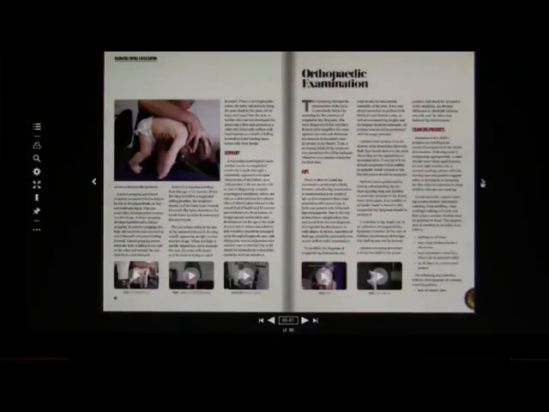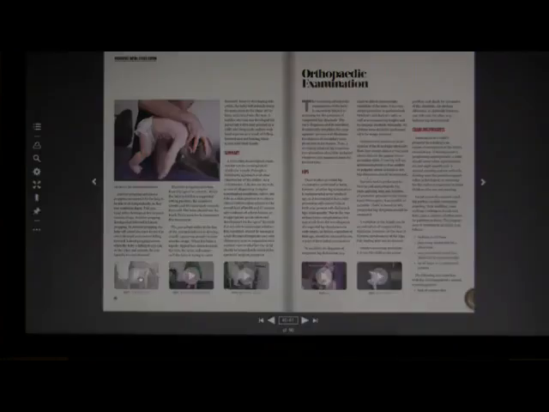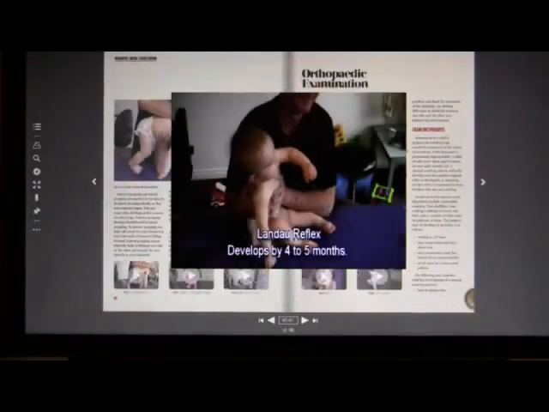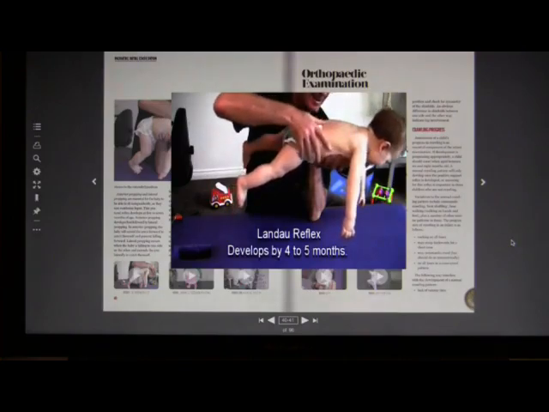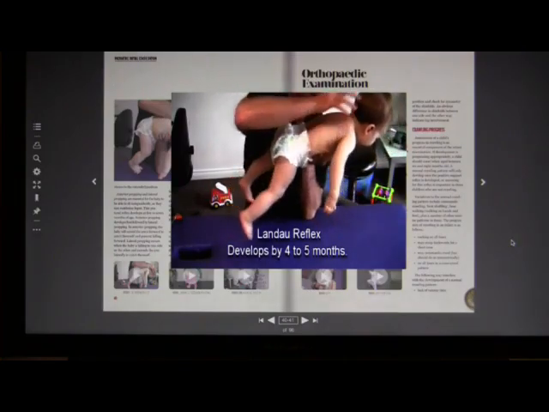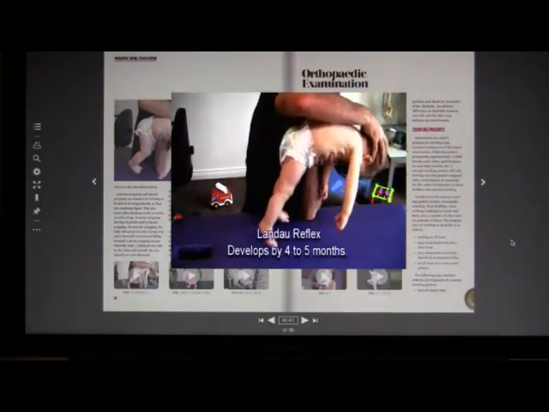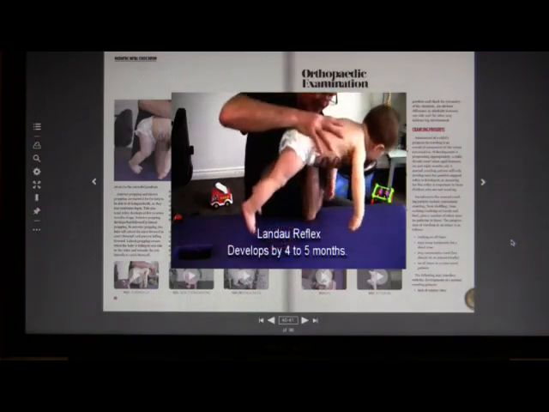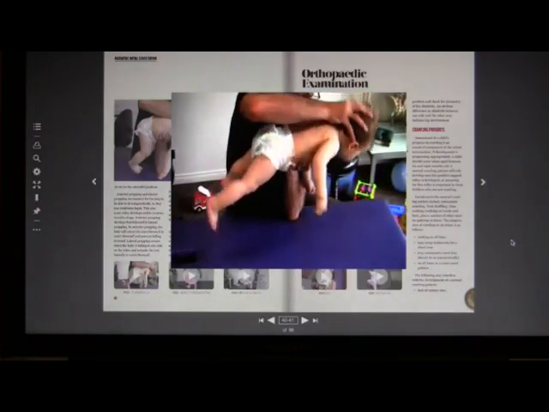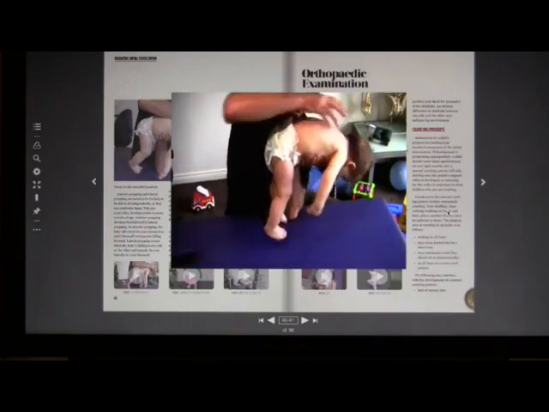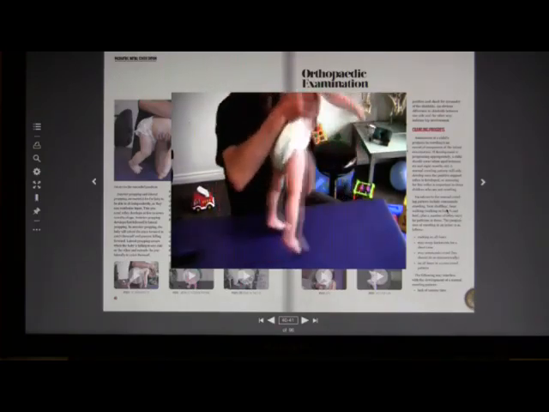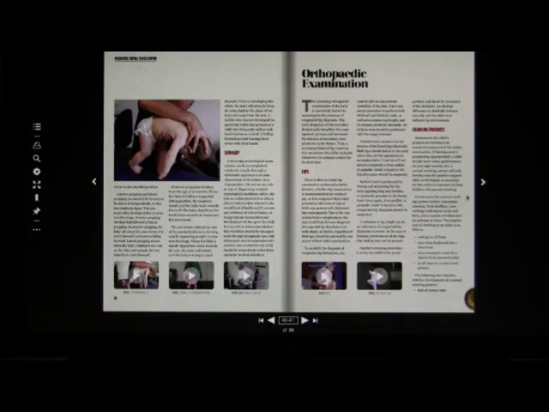Or testing for a postural reflex such as this Landau reflex. Your ability to understand the significance as well as to physically perform these procedures is made so much easier through the visual support of the videos.